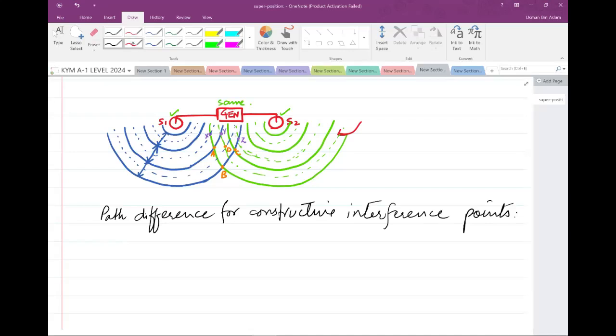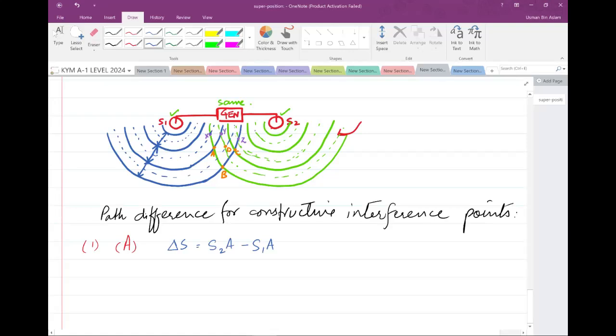Let's say, I'm going to talk about the point A. At point A, delta S will be equal to S2A minus S1A.